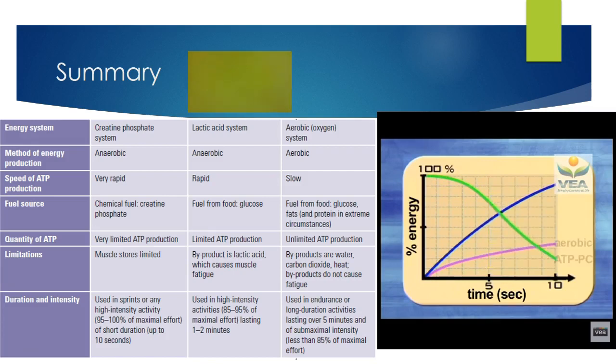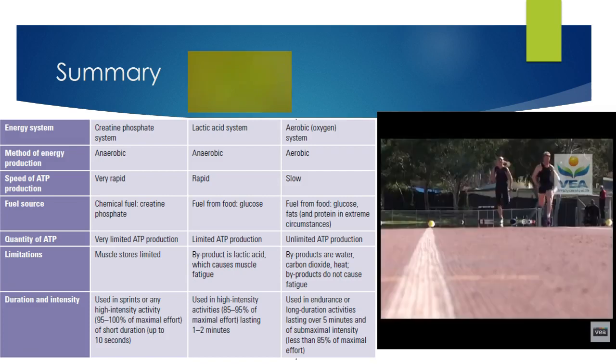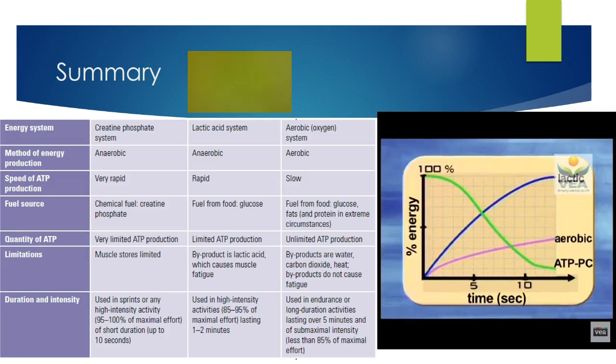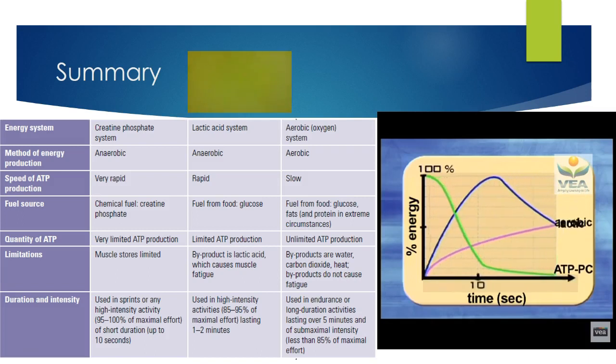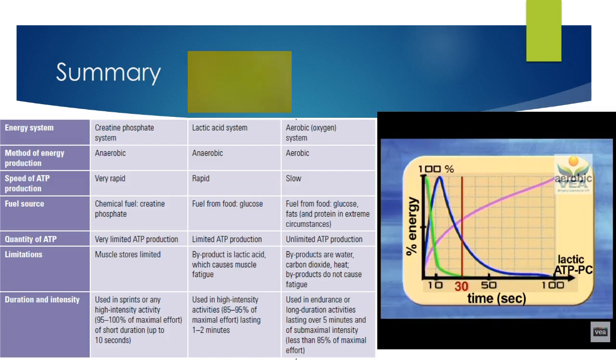But it doesn't last long, with the lactic acid energy system being the main source of ATP synthesis between around the 5-second mark and the end of the race. The aerobic system is also providing energy, but not to any great degree. However, in events which last around 30 seconds or longer, the aerobic energy system becomes the main source of energy.